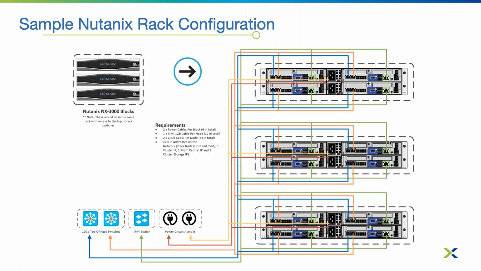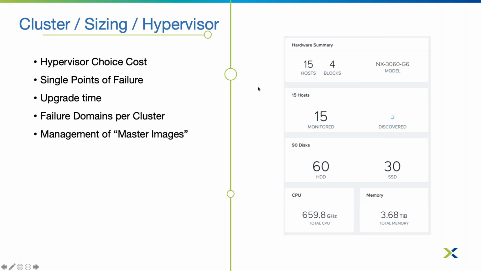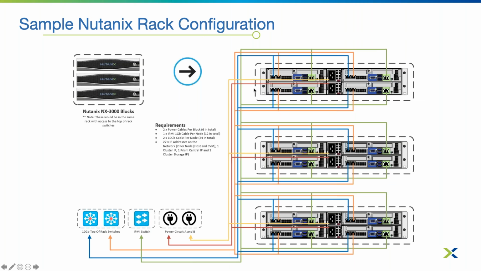This is just a sample config that we put in. One of these blocks on the right here houses 4 nodes. For each node, the green cable is a single IPMI cable, which goes up to a top of rack IPMI switch. The orange and the blue cables are the 10 gig networking.